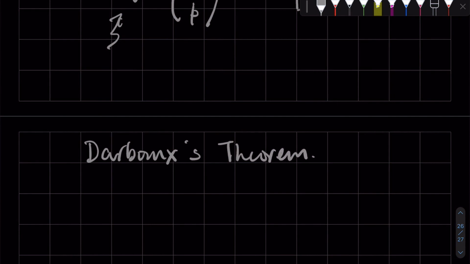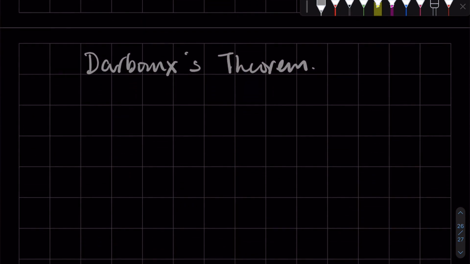And what that theorem says is that locally we can always find some coordinates such that the two form omega can be represented as a matrix like this. So for our case, let me just choose the signs according to my convenience. So Darboux's theorem says that the two form can always be chosen in this way.